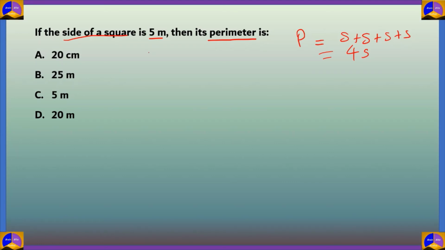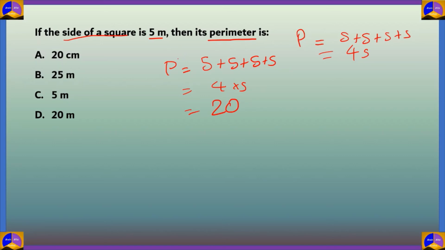Now we already know that the side is 5 meter, so the perimeter will be equal to 5 plus 5 plus 5 plus 5, which equals 4 times 5, which is 20.